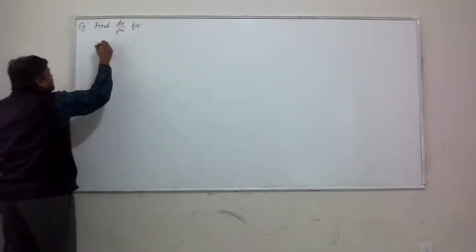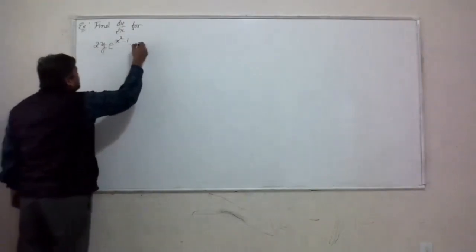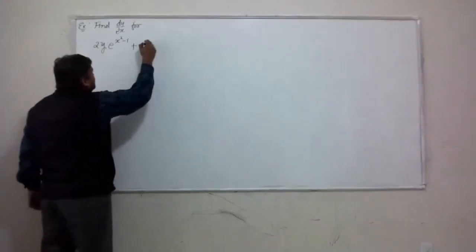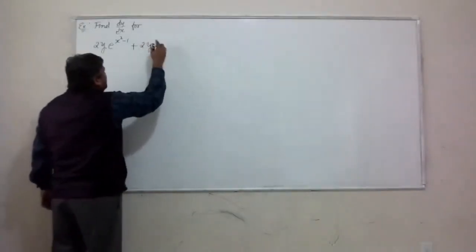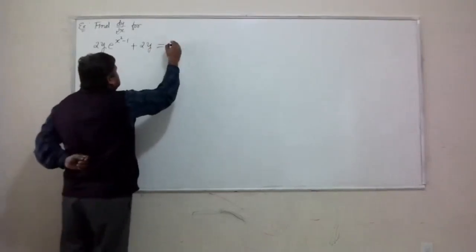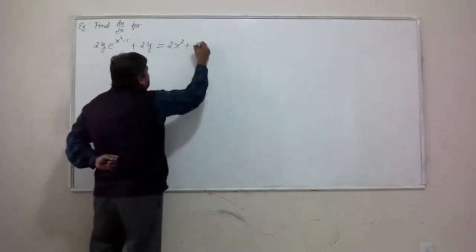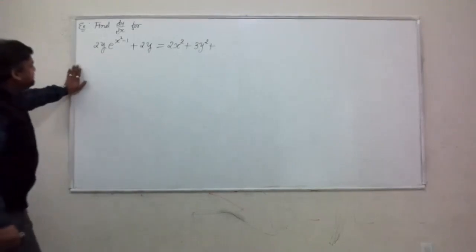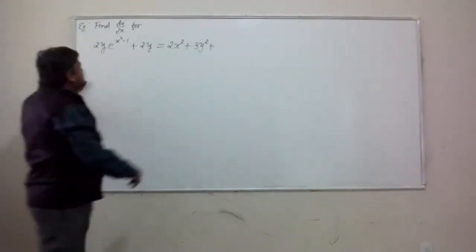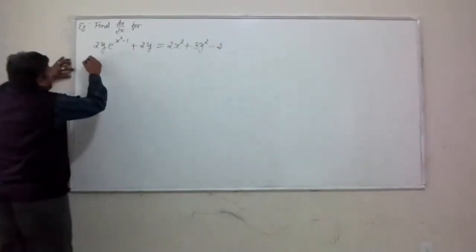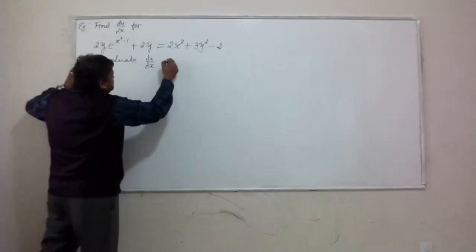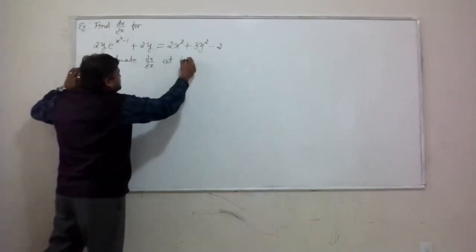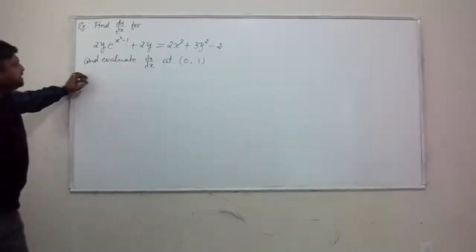Let's say we have 2y e to the x square minus 1 plus 2x plus 2y equal to 2x square plus 3y square minus 2, and evaluate dy by dx at (1, 0).